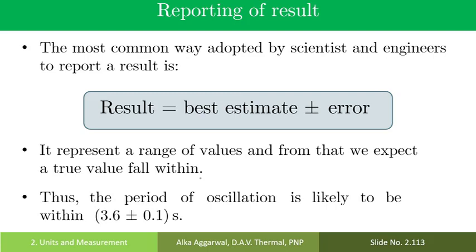The most common way of reporting the error is this one: best estimate, that is the mean value, plus or minus the mean absolute error. As in the given example, the mean value is 3.6 and the mean absolute error is 0.1. So the result is 3.6 plus minus 0.1.